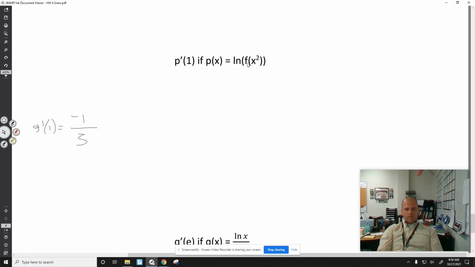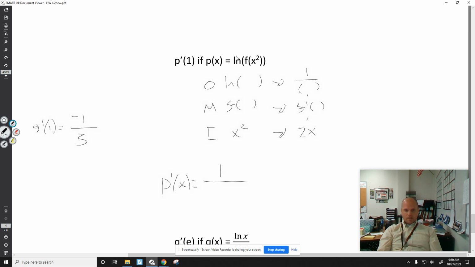Oh, this is a good one. Log of f of x squared. Guess what? We haven't seen this since Unit 2. We got OMI. We got an outside, a middle, and an inside. It's been a while since this. I didn't give you any of those with e's. Should have, but didn't. Kind of weaning you back into remembering all this stuff. OMI. Multiply all the things together. Here's P prime.